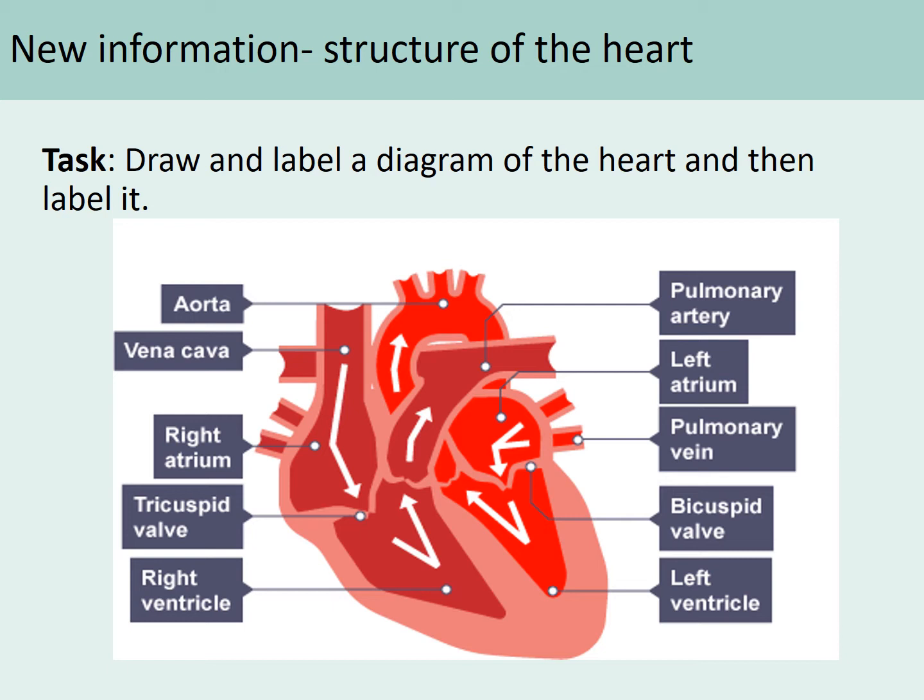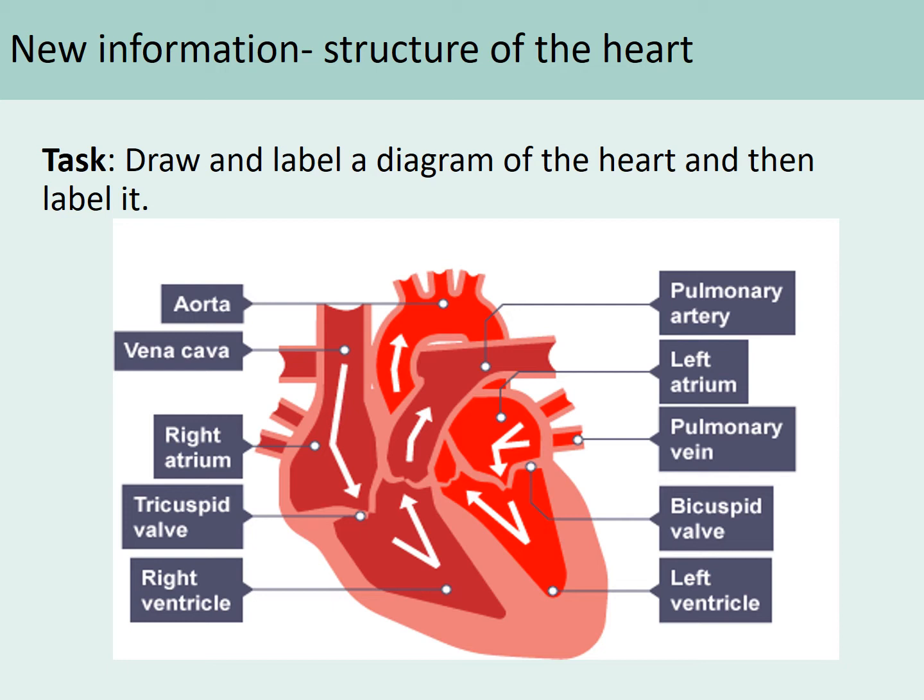So pulmonary is to do with the lungs. When it enters the heart from the lungs through the pulmonary vein, it enters the left atrium, and then blood will be pumped to the left ventricle, where it will then be pumped through the aorta, which is an artery, and that takes the blood all around the body.